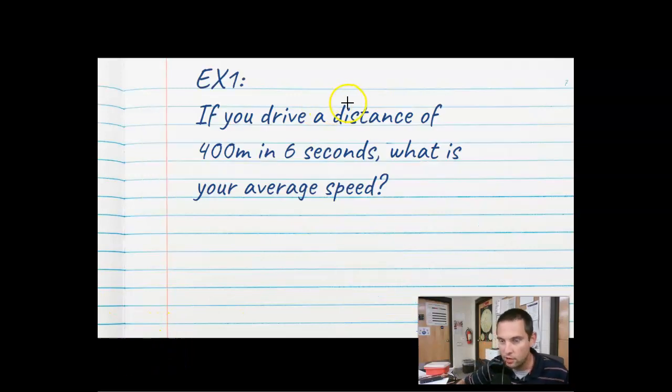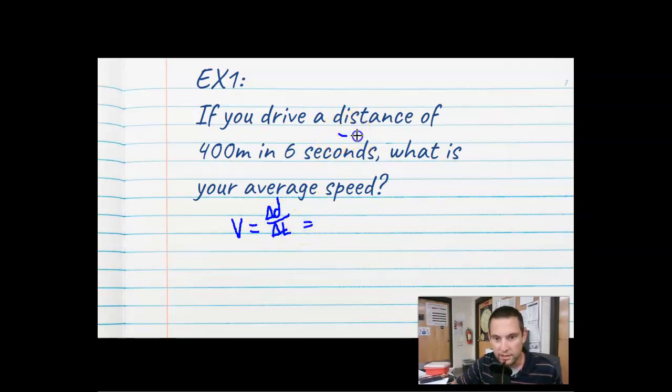Here's an example. If you drive a distance of 400 meters in 6 seconds, what is your average speed? Well, remember from the last slide, our average speed is our change in our distance over our change in time. And if we know our distance is 400 meters and our time is 6 seconds, we can put in the units here.